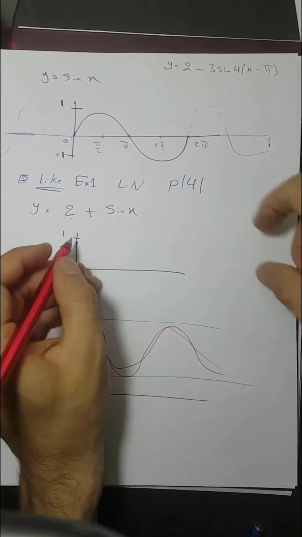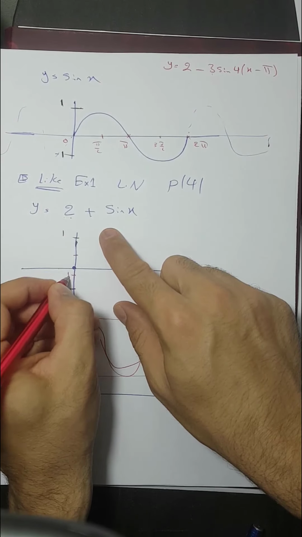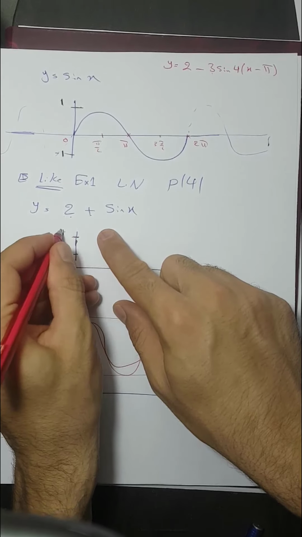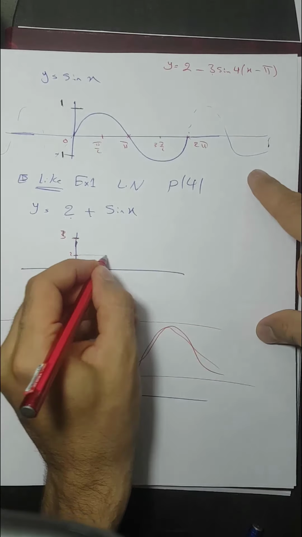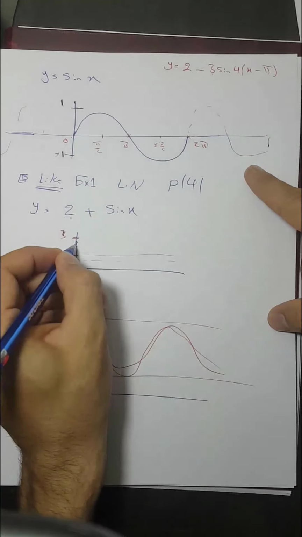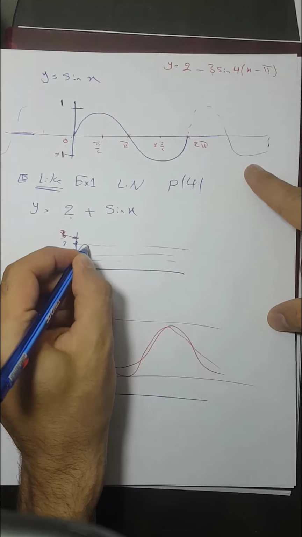So if I say 2 plus sine x, it means that if here is 1, -1, 2, 3, my graph will change to like that, and will be between 1 and 3, okay? So here's my graph.